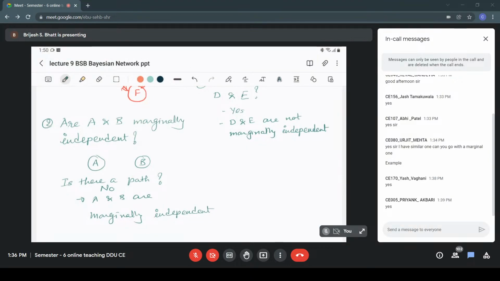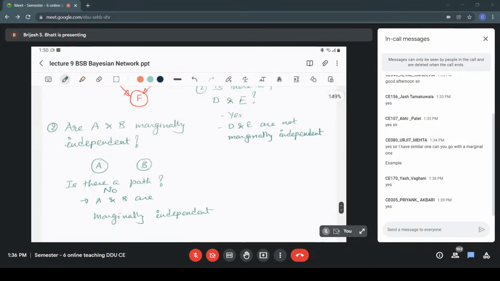Right? So here, remember the wording that I'm using. In the first case, I'm saying that D and E are not marginally independent. A and B are marginally independent. So we are commenting only on marginal independence. We are not commenting on dependence. This technique that we are using is only to measure independence. It does not comment on dependence.